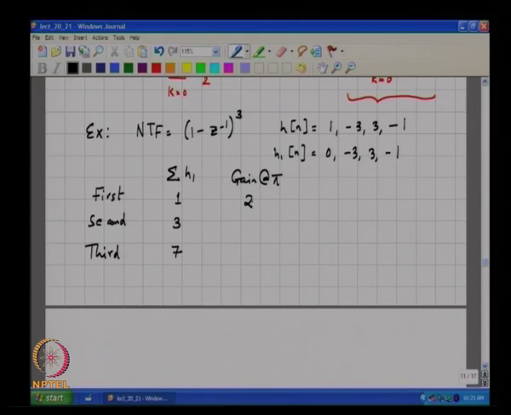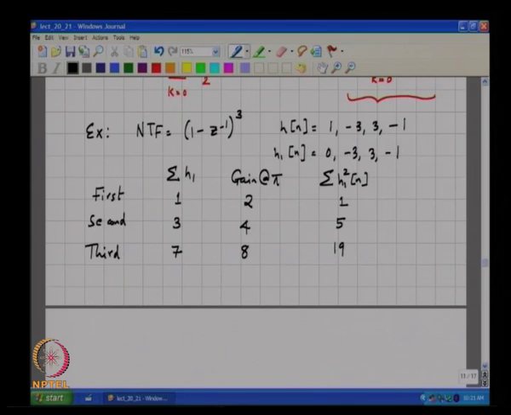For the first order it is 2, for the second order it is 4, for the third order it is 8. And what can you say about sum of h1 square of n? In this case it is 1, in the second order example it is 5, in the third 19, okay.